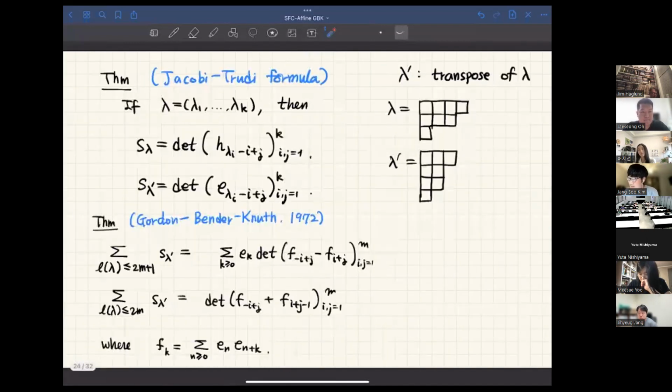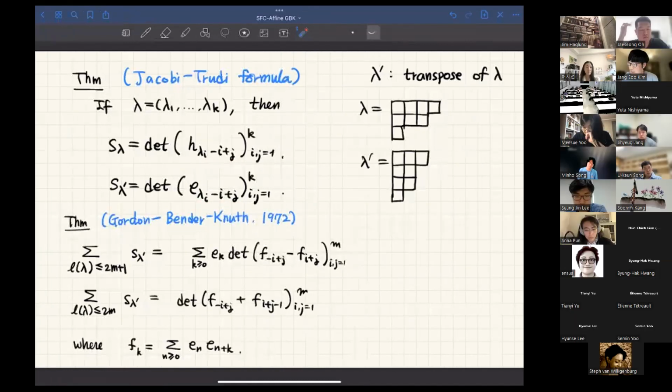Okay, and Schur functions are a well-known basis in the symmetric function space, and there are two other important bases in the symmetric functions, namely complete homogeneous symmetric functions and elementary symmetric functions.